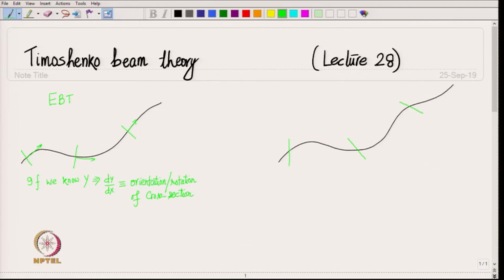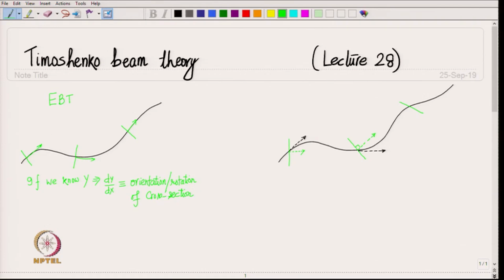You can see for example, here the cross sectional normal and the center line tangent are no more the same. Likewise, over here also, this is the center line tangent and that is the cross sectional normal.